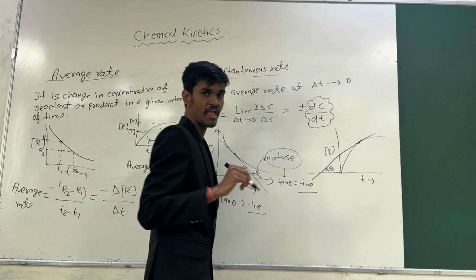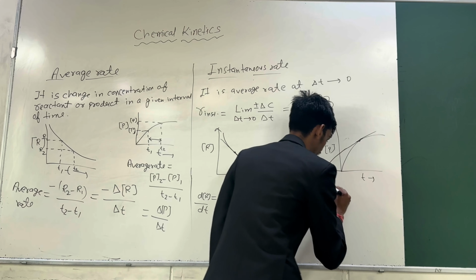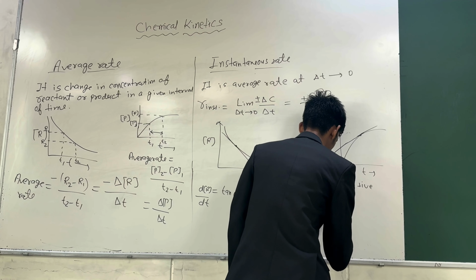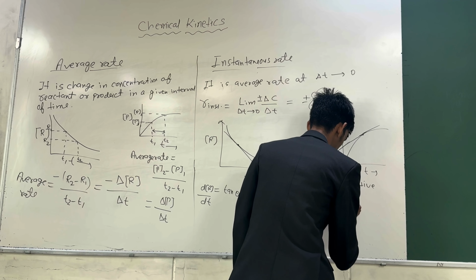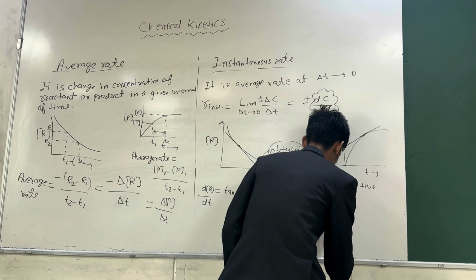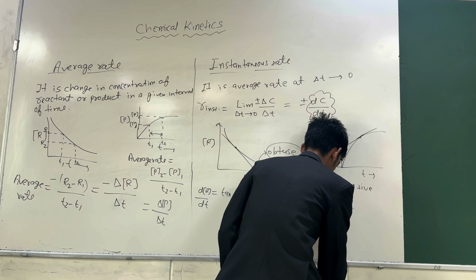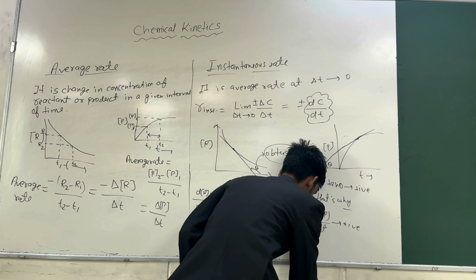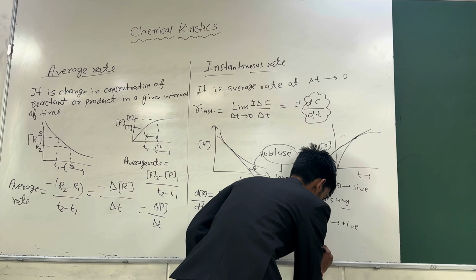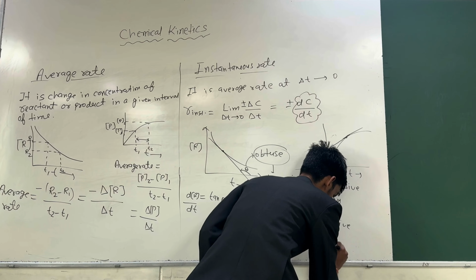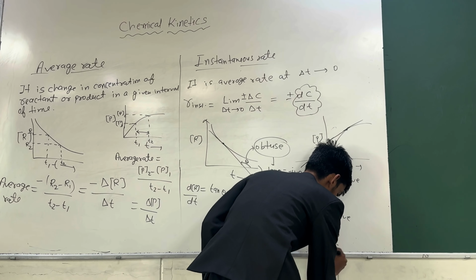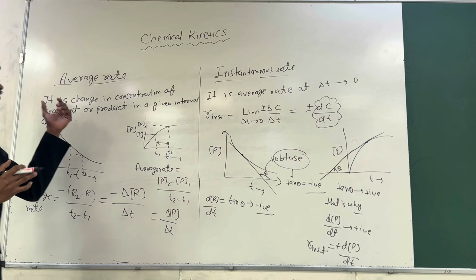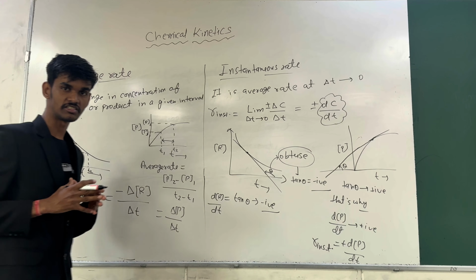Basically this is an acute angle, so tan theta is positive, which means dP by dt will be positive. So R instantaneous will be plus dP by dt. So this is all about average rate and instantaneous rate.